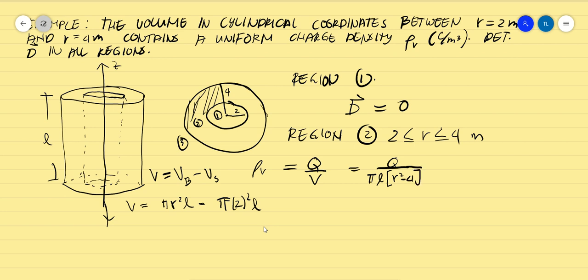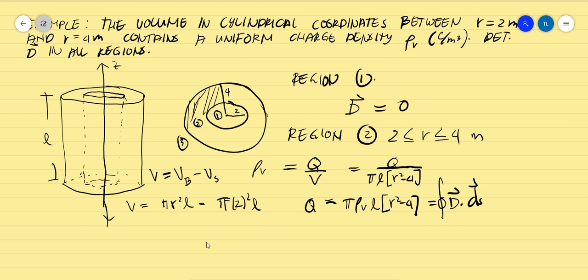If we solve for Q, Q will be equal to pi times rho v times L times r squared minus 4. And we can now use Gauss's law. This should be equal to D dot dS. So what is D dot dS?